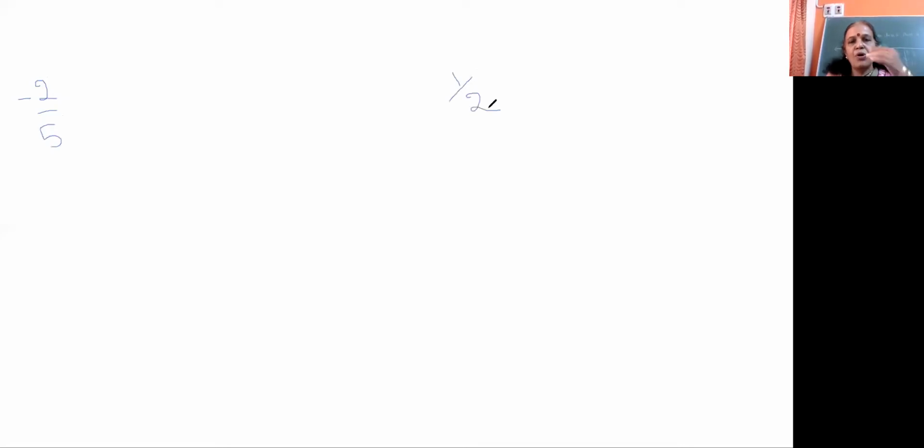Now, both the denominators are different. You can compare two rational numbers only when the denominator is the same. You can make the denominator the same by multiplying both numerator and the denominator by the same number.